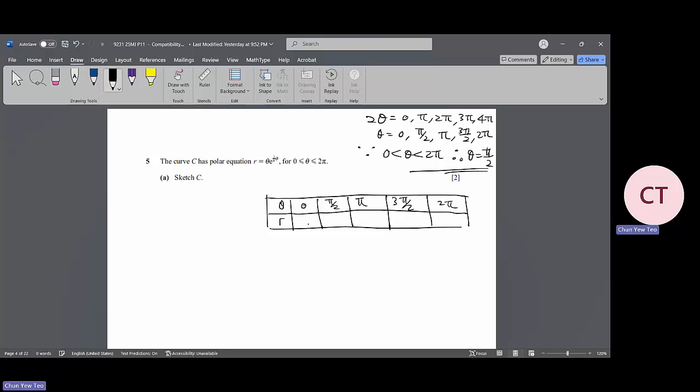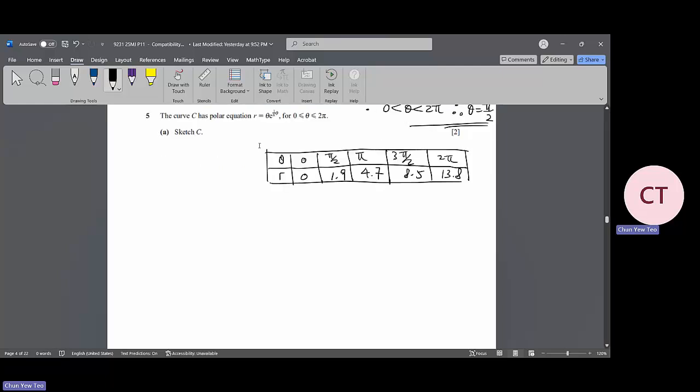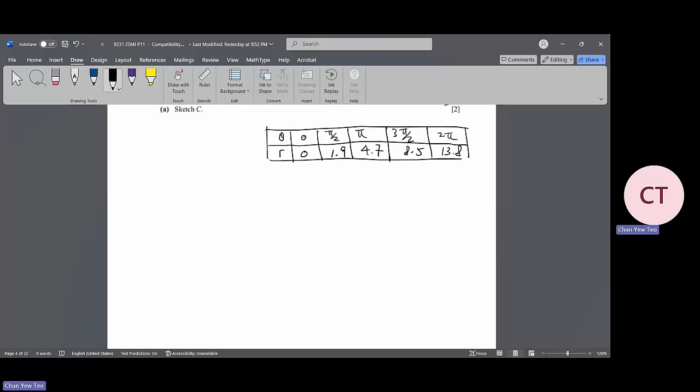So you press the calculator over here, you get 0, you get 1.9. Just one decimal place is enough. 1.7, 8.5, and 13.8. So you can see that the radius is getting bigger and bigger. So when we draw it, we need to make sure we have a proper scale.